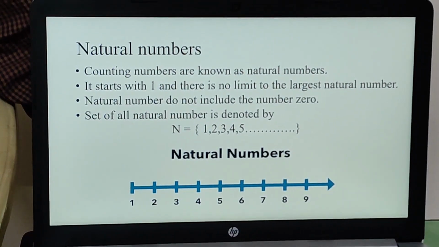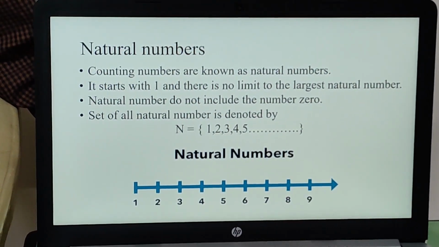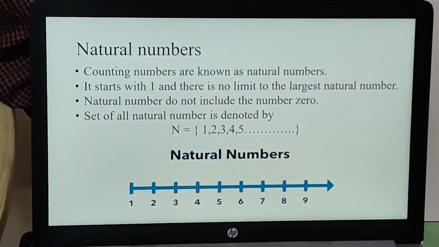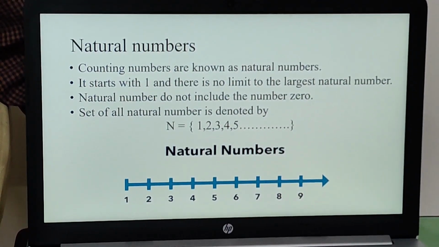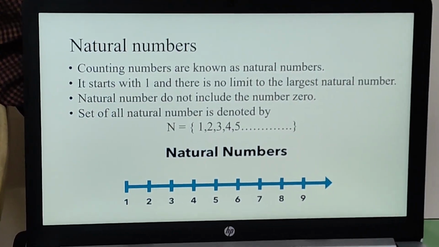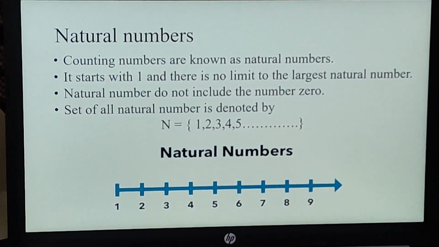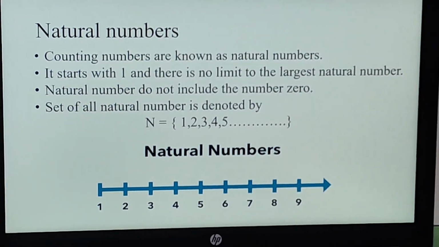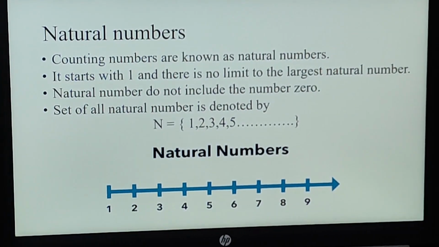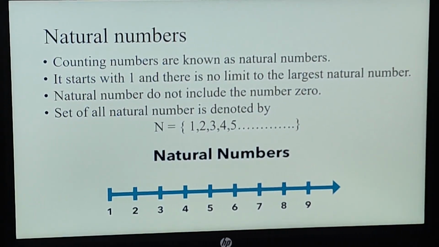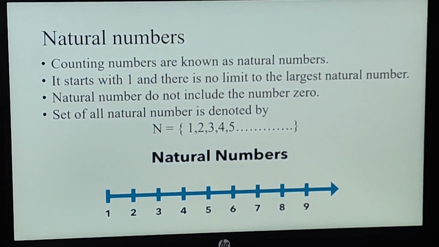First thing, natural number. What is a natural number? Counting numbers. All the counting numbers are termed as natural numbers. The first number starts with 1, and there is no limit to natural numbers. Keep this in mind, natural numbers do not include the number 0.